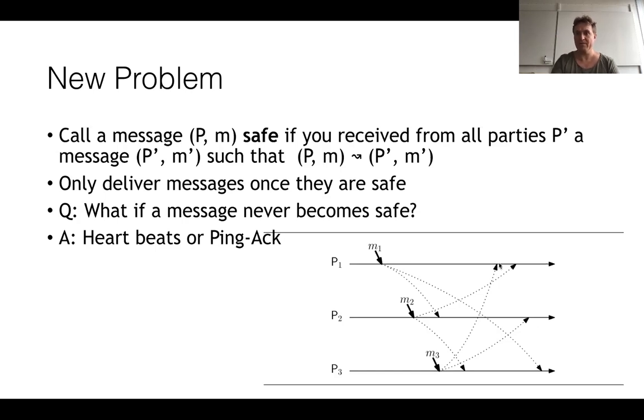So what should happen from this point on for M3 to become safe is P1 should get the idea to send a message. It should arrive at P2, and then something should arrive back. And also P1 should send something that arrives at P3, and something should come back. At this point, M3 is considered safe and it can be delivered.